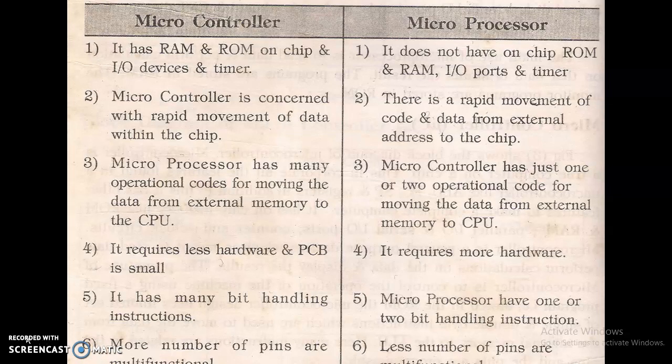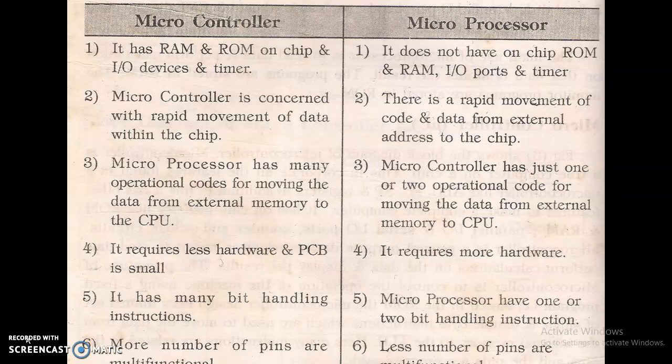Microcontroller, as it already has most of the required circuits on chip, will require less hardware and PCB.